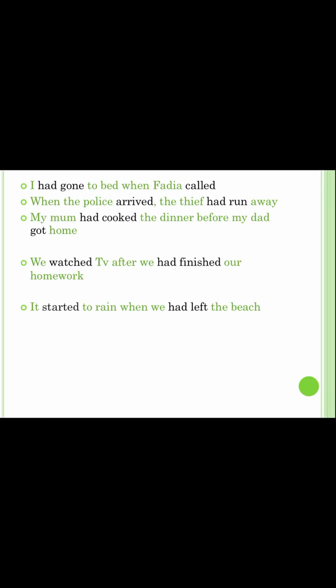In the previous video, we talked about the past perfect. We said that we use the past perfect to talk about two actions that happened in the past, one of them happening before the other. The form of the sentence is subject plus had plus verb 3 plus complement.